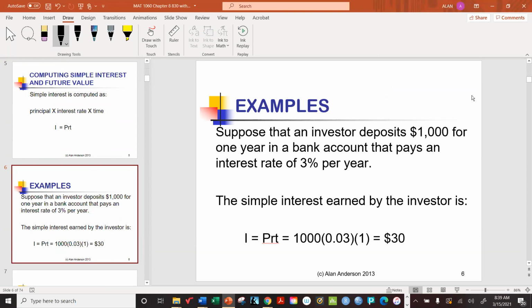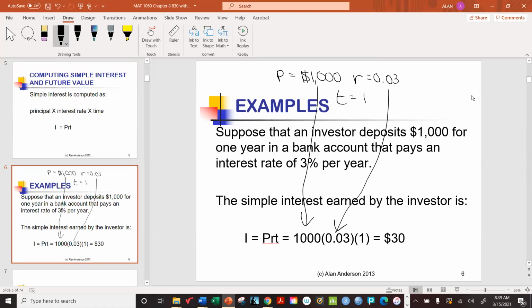So right away, we know that P is 1,000, R is 3%, and T is 1 for 1 year. Now you can just directly plug those in. Here's your 1,000, that's your P, that's your R, and this is T. When you multiply those out, you'll see that you've earned $30 worth of simple interest during that year. And it's really that straightforward.